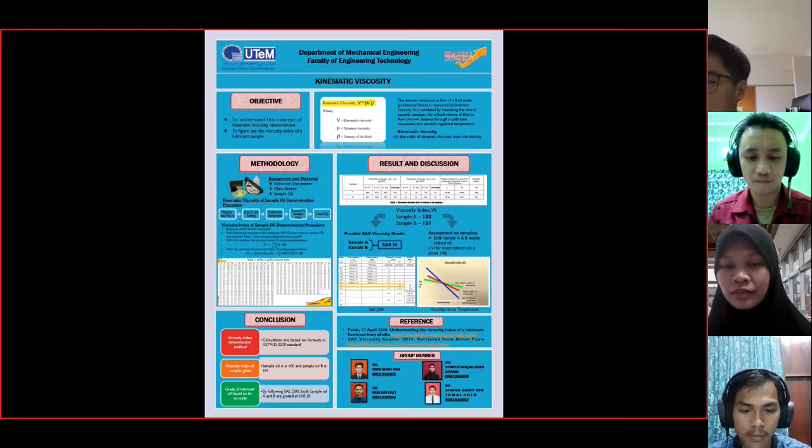From the graph shown below, it shows the relationship between viscosity and temperature for different oils with different viscosity indexes. We can see that oil with a higher viscosity index shows viscosity that is more stable over a wide range of temperature, while a lower viscosity index oil is more sensitive, and its viscosity tends to change with temperature, so it is not stable compared to a higher viscosity index oil.